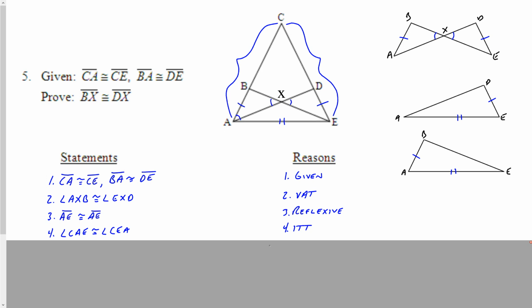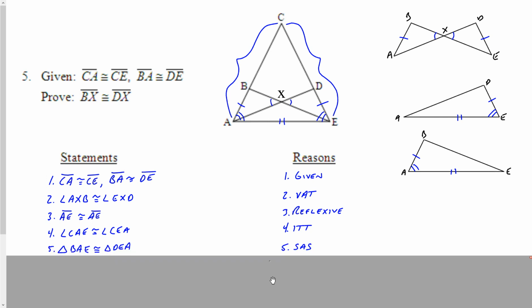So we'd have angle CAE congruent to angle CEA, which happen to be the included angles in the second pair of triangles that we're trying to prove are congruent. So now looking at our diagram that we've redrawn, we can say that triangle BAE and triangle DEA are congruent by side angle side. Again, just a reminder, make sure your congruent statement has the corresponding vertices in the same order.